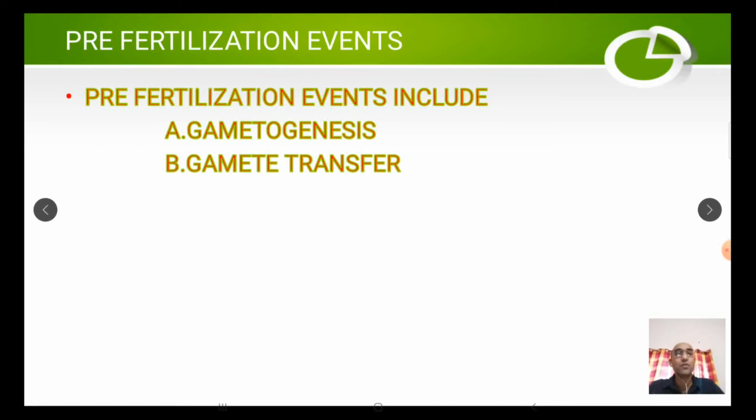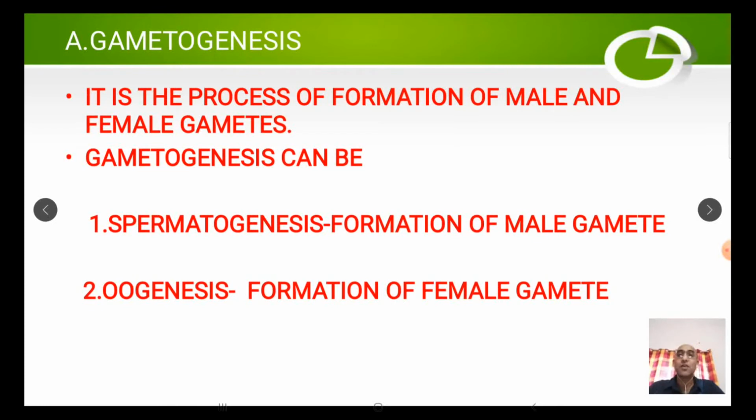Now let us come to gametogenesis. What is gametogenesis? It is the process of formation of male and female gametes. In this process male and female gametes are produced. Now gametogenesis can be divided into two types.